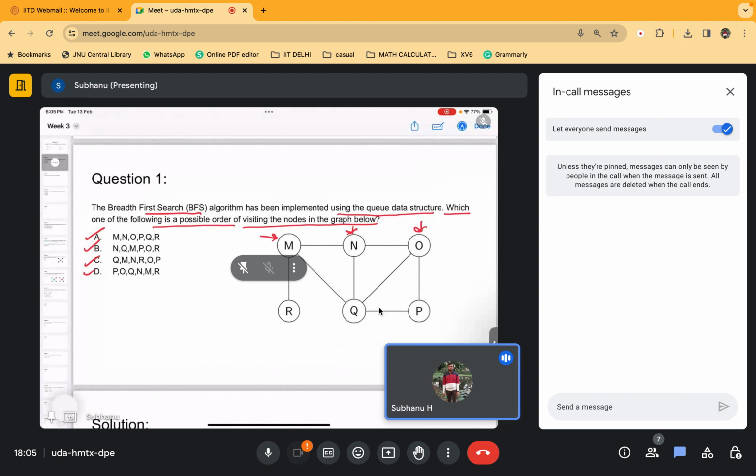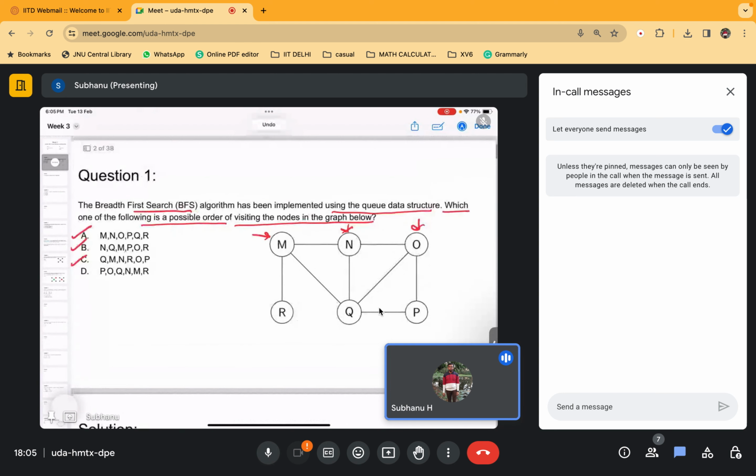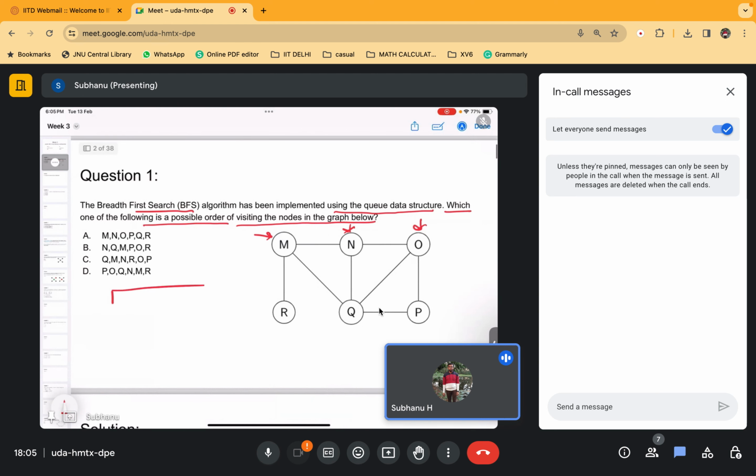Okay, so if we start from the first option, it says to start from N. As you know, for BFS we create an array for visited nodes and we create a queue data structure, which indicates whether we have explored a node or not.